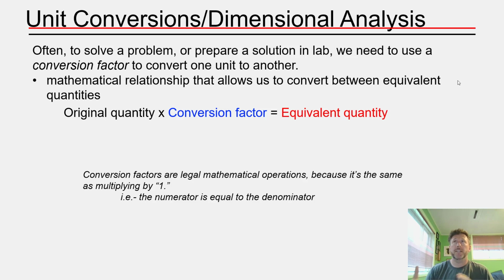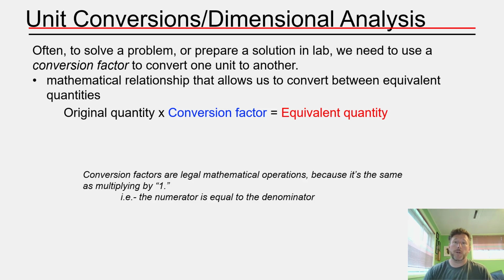It can be something as simple as knowing the relationship between number of centimeters in an inch to convert a measurement from inches to centimeters or miles to kilometers. But of course, in chemistry, we usually use it to connect something that's easily measured, like the mass of a sample, to the number of molecules in that sample through Avogadro's number and the definition of molar mass.